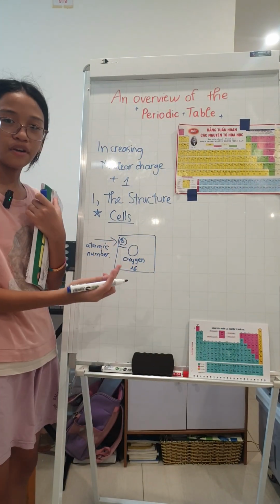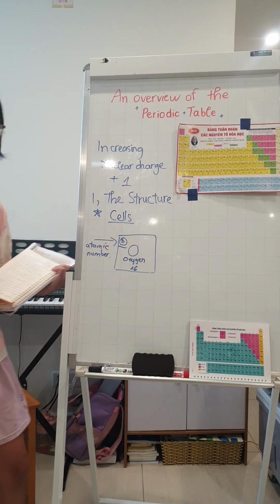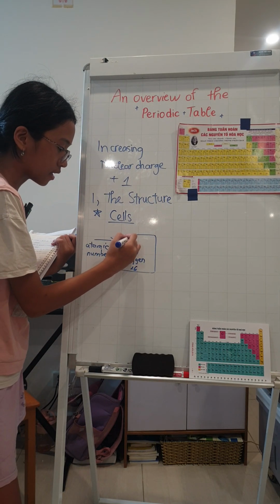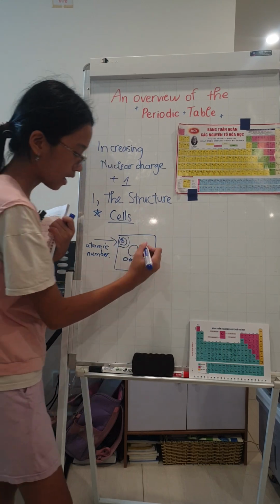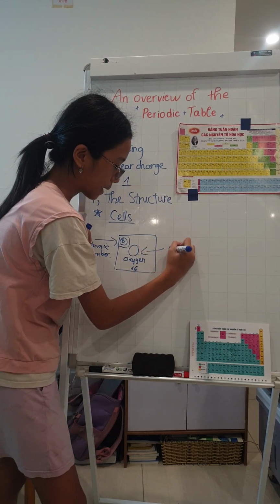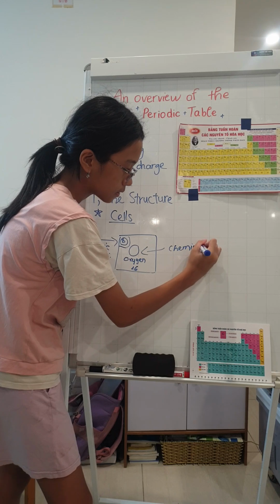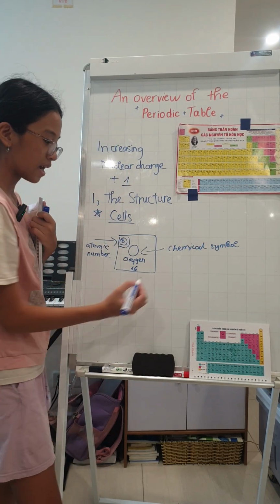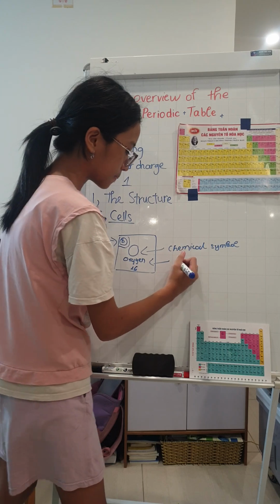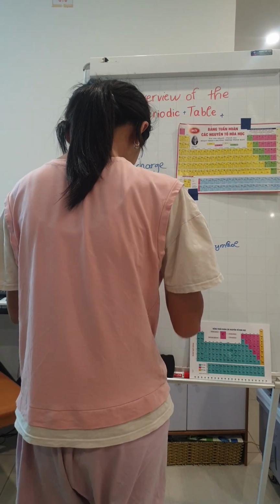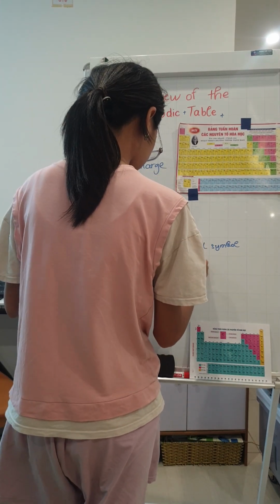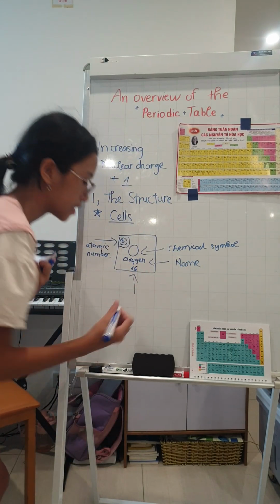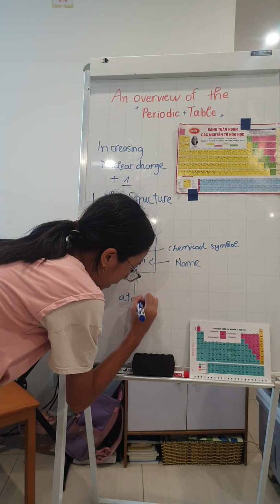That means the atomic number, as I explained, is the number of electrons in the oxygen. This is the chemical symbol. This is its name. And lastly, this number here is the atomic mass.